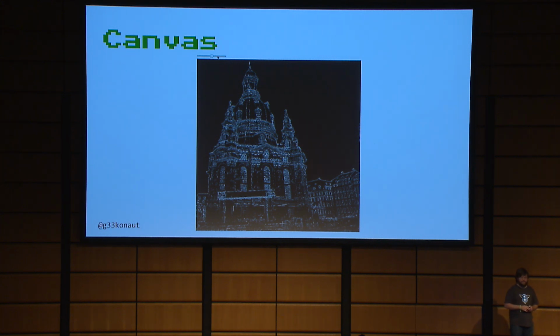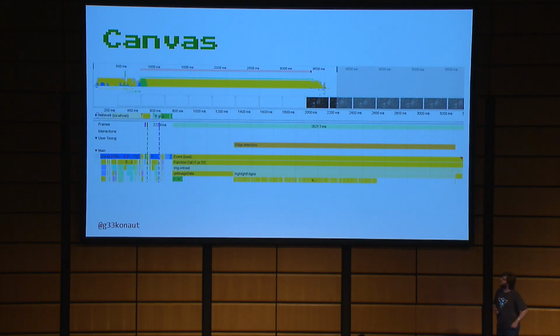So, yeah, we can have a look at the timeline. I used the user timing APIs, and I colored in what edge detection is. So here we see when edge detection happens, and the red here is not a good thing. It means the browser has literally stopped responding to anything.